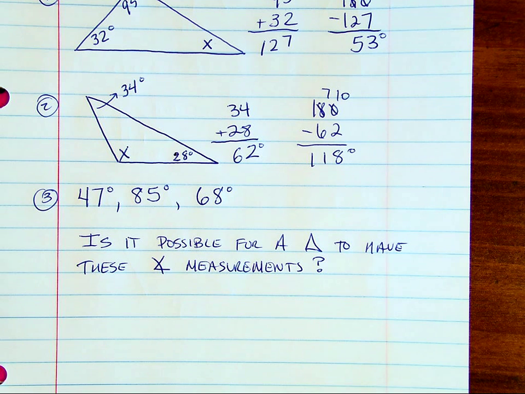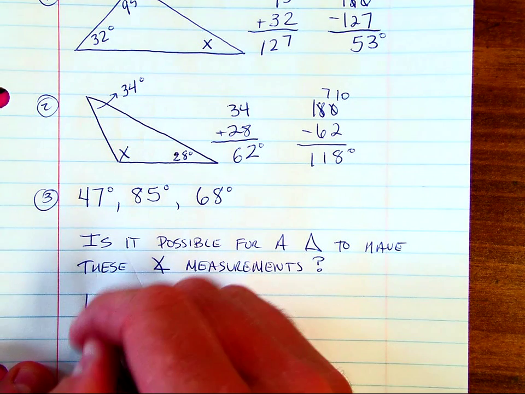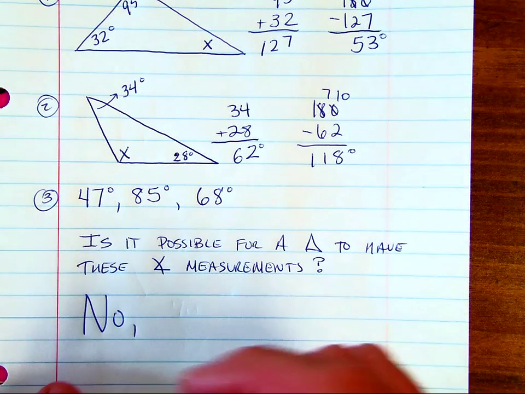So can a triangle have these three angle measurements, Jack? No. Why not? Because they have to add up to 180 and they add up to 200.